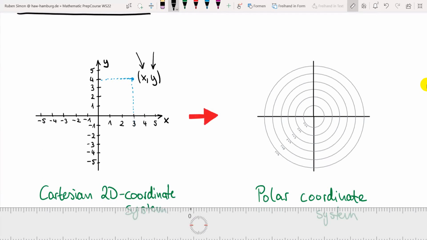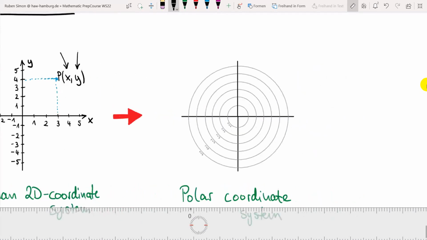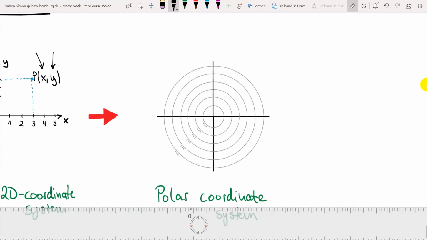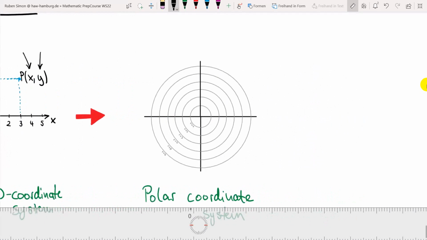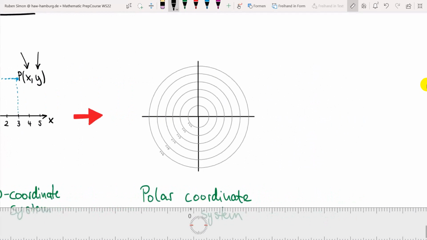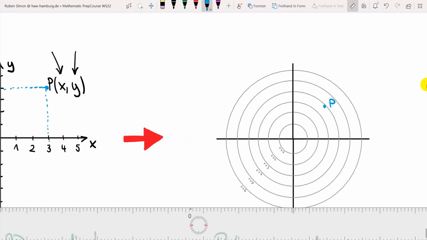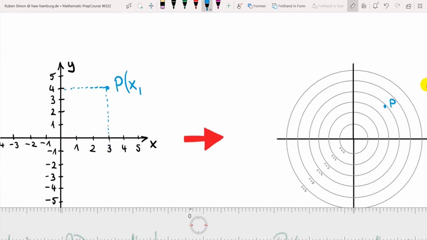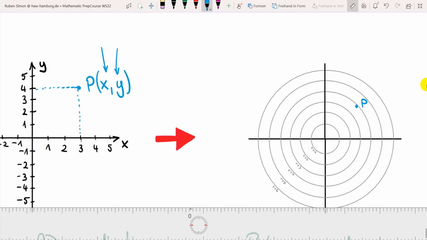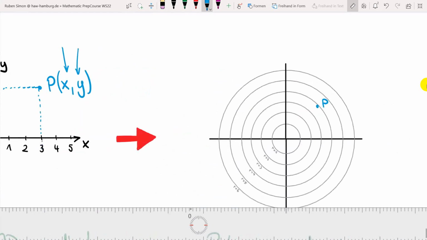This could have been the point P. And now we have the same point P in this position, for instance. Let me change this into blue here. In this case, we are giving two different parameters to specify the exact same point.